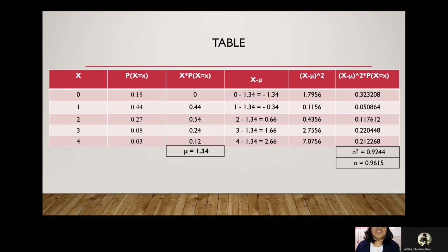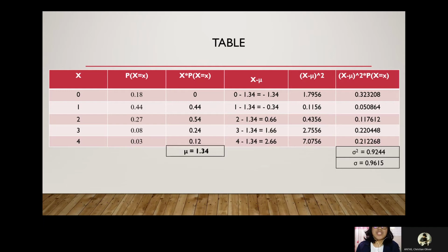Now we subtract the mean from the variable again. So 0 minus 1.34 is negative 1.34, 1 minus 1.34 is negative 0.34, 2 minus 1.34 is 0.66, 3 minus 1.34 is 1.66, and 4 minus 1.34 is 2.66.